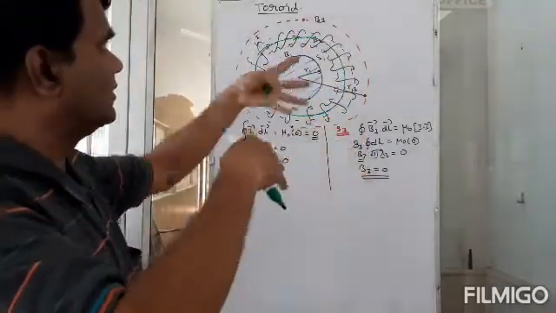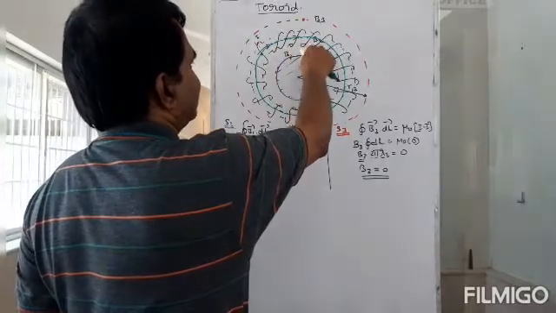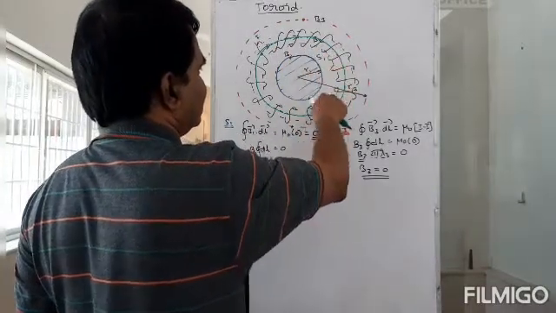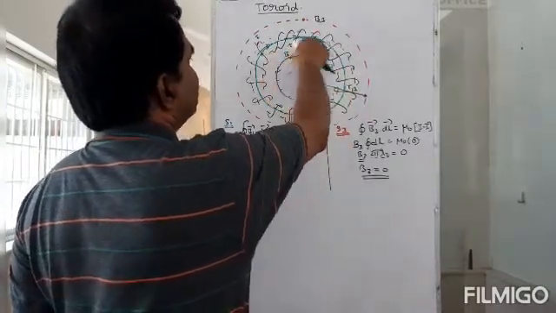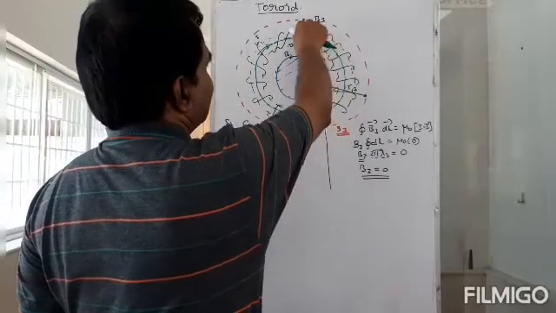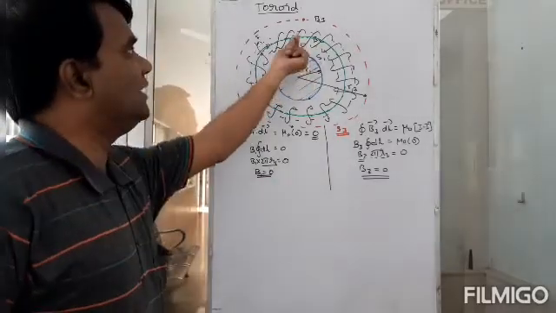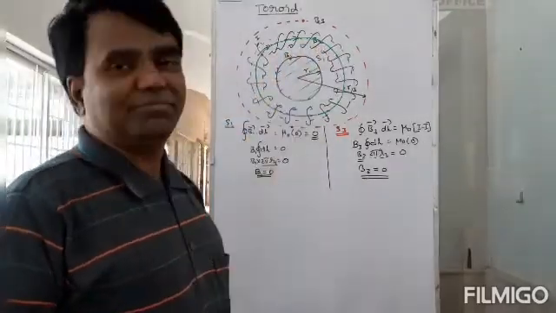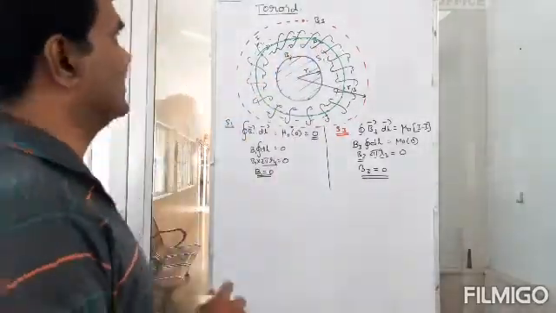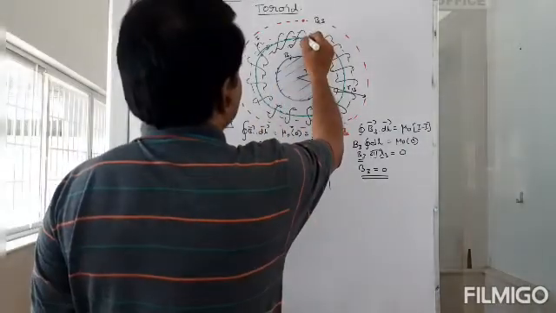So you see, only these are piercing, and these are not piercing because they are outside the circle. So I'll take only the amount of current that is piercing. Again, B must be the same, right?